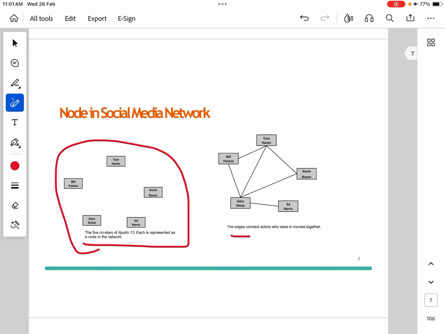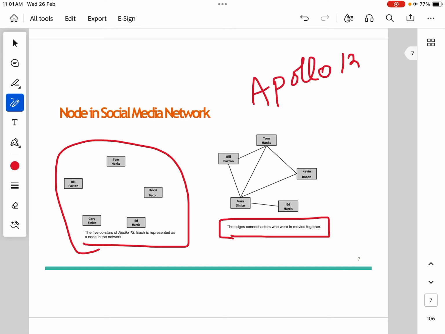And these nodes are connected. The actors who are in movies together are connected. They just connect actors who are in movies together. So apart from this Apollo 13 movie, these actors were related with each other in other movies. These two actors never were in any movie together except Apollo 13, so there is no link formed between them.